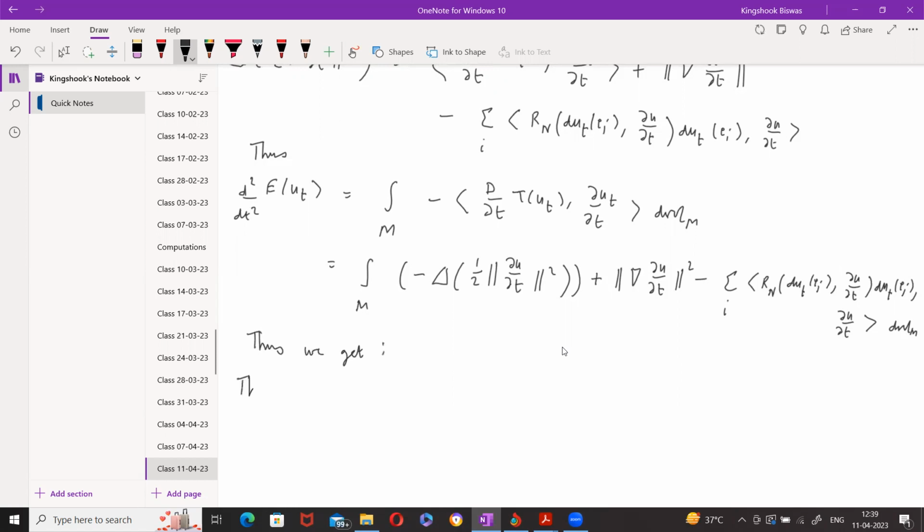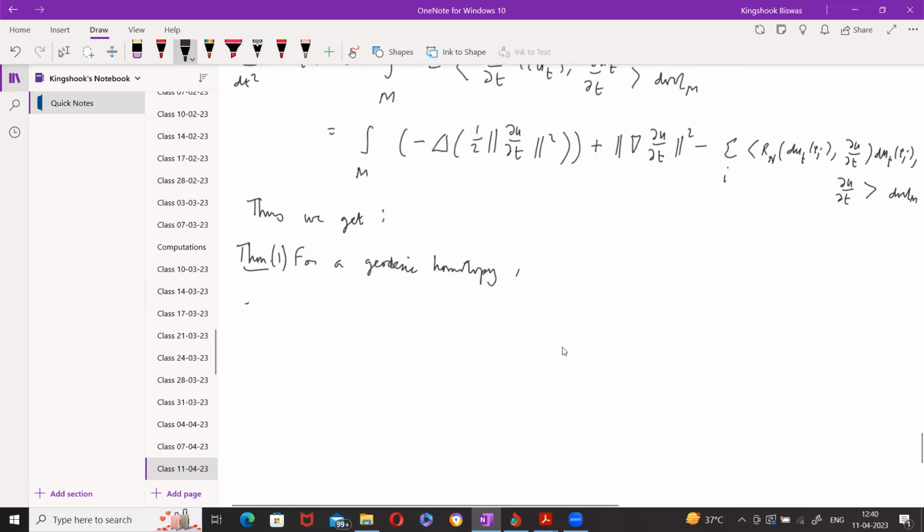theorem. Let me put it in two parts. One, for a geodesic homotopy u_t, the second derivative of the energy, d squared dt squared of energy of u_t, this Laplacian term disappears.